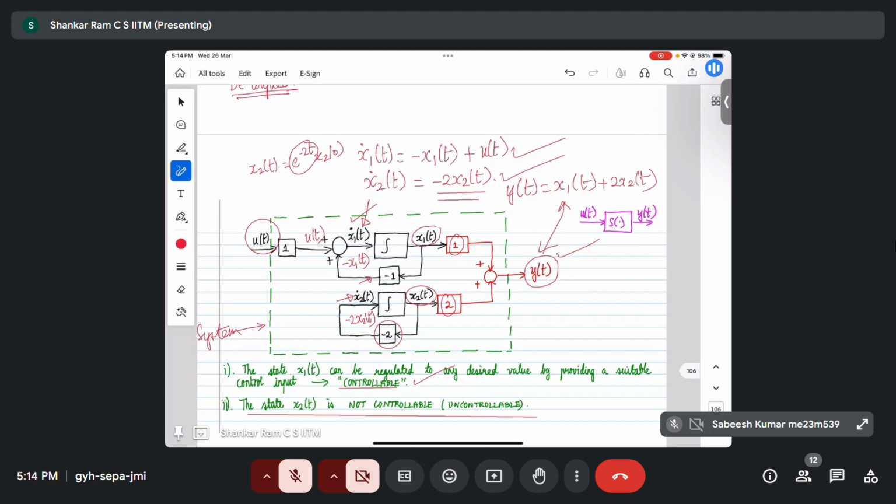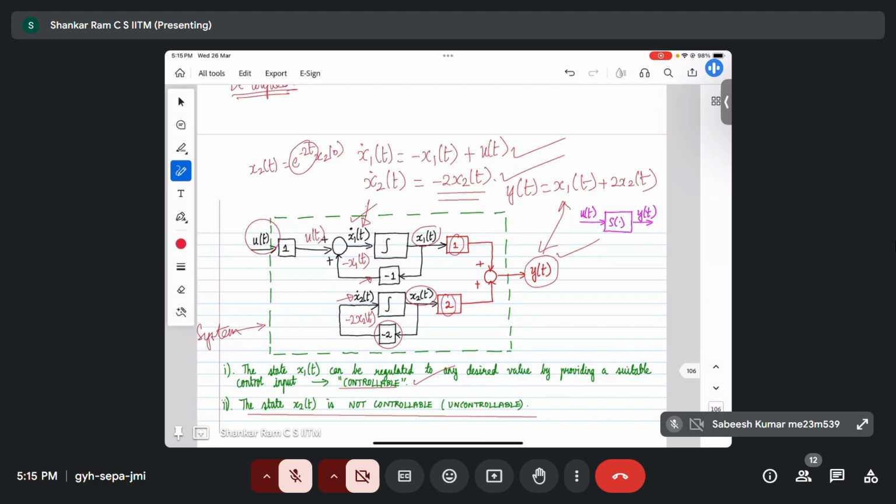Yes, clear, sir. So in response to a non-zero initial condition x2 of 0, we can always have some value which comes in. So that's the idea with x2 dot. But we can immediately observe that x2 dot neither depends on the input u, nor does it depend on the first state variable x1.